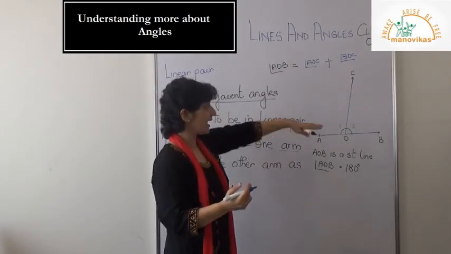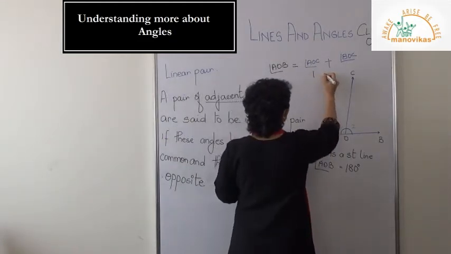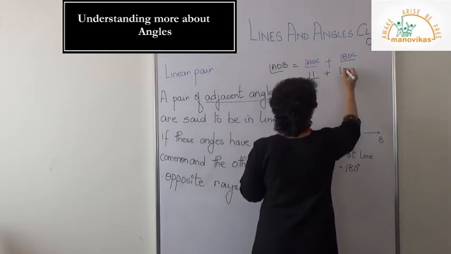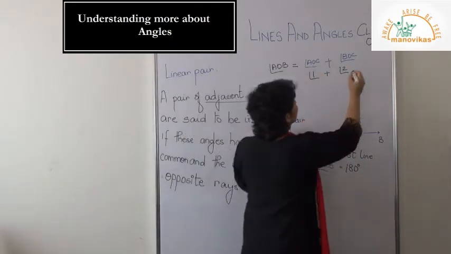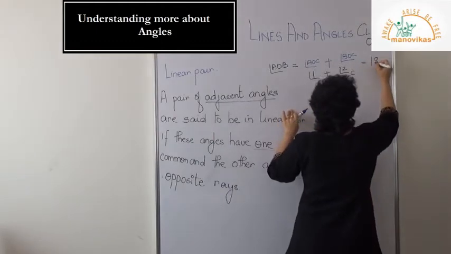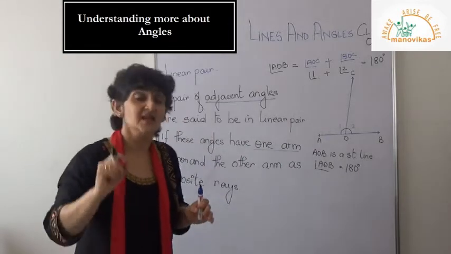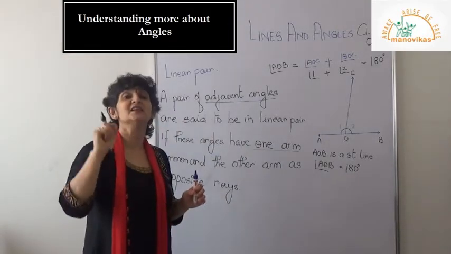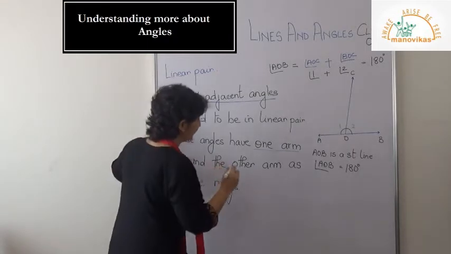I can also say angle AOB is equal to angle 1 plus angle 2. Correct? Now, both these will be equal to 180 degrees. So, always understand this. The sum of a linear pair of angles is equal to 180 degrees.